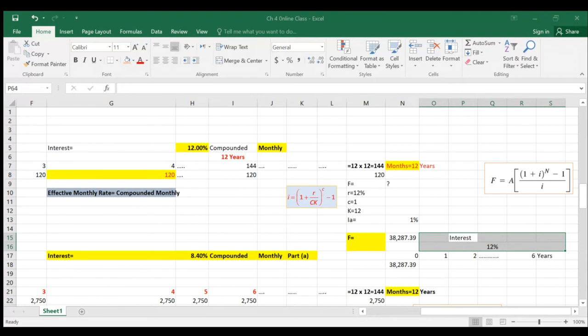I just write the formula here: F equals P, the answer you gave me, 38,287.387, multiplied by (1 plus I), I is 0.12, to the power 6.